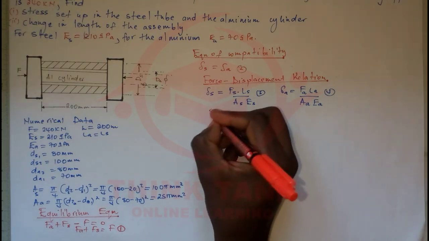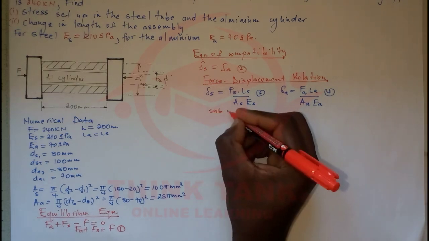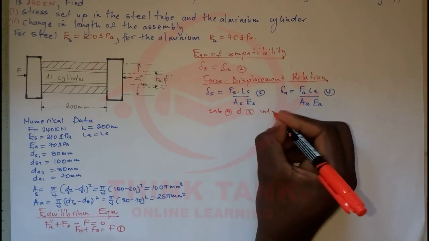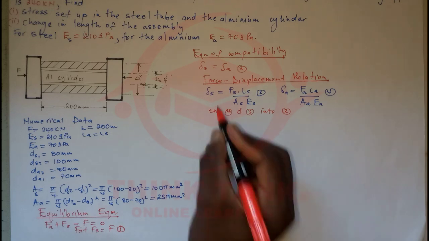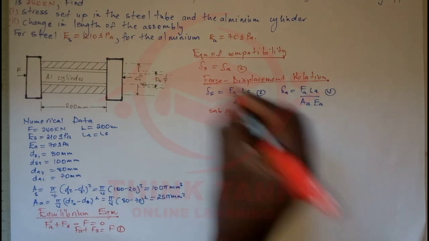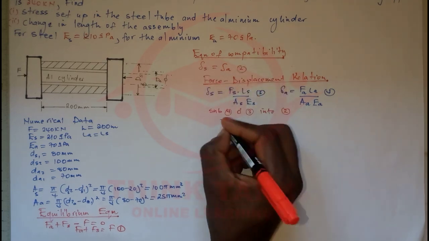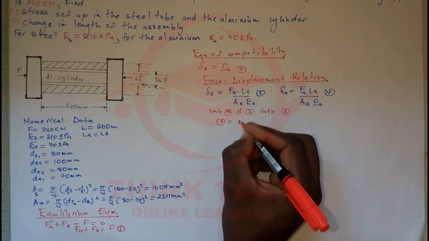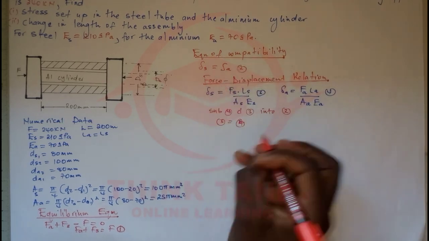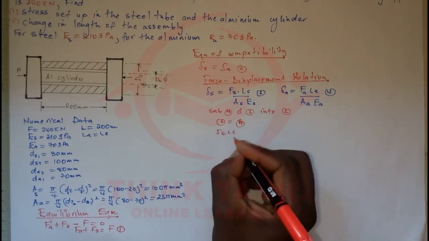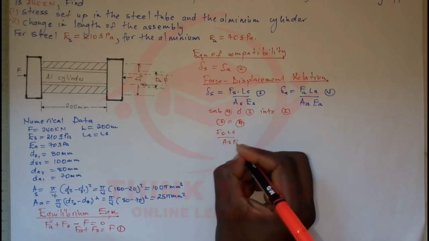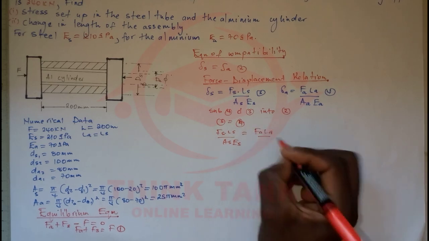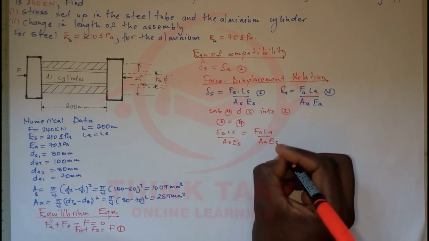So I'm going to substitute 4 and 3 into equation number 2. From here, we have said that 3 should be equal to 4. So I'm going to write Fs Ls over As Es, and I'm going to write Fa La over Aa Ea.